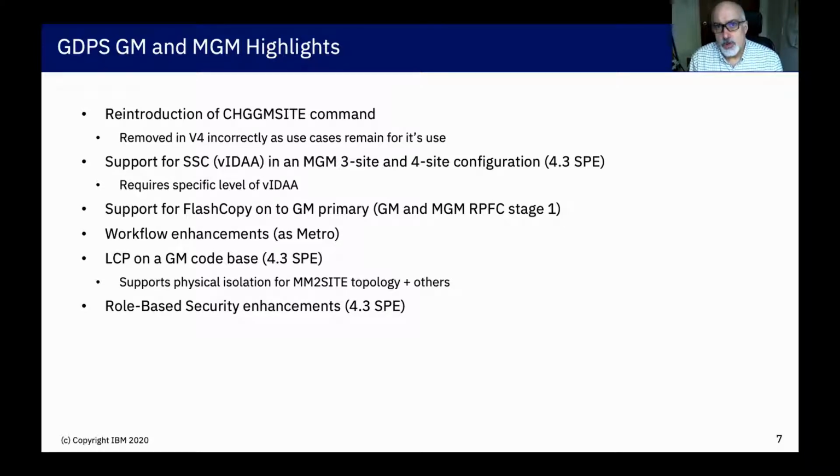It does push a full copy of the data, so it's not as smart as the Metro Mirror remote pair flash copy yet, in that the flash command is not synchronously executed on both primary and secondary devices, but we do now support the ability to have your flash copy targets in Metro Mirror and Global Mirror for MGM clients or indeed just GM 2 site clients. Both solutions inherit the workflow enhancements that I touched on earlier, and we have a number of charts on that in due course.